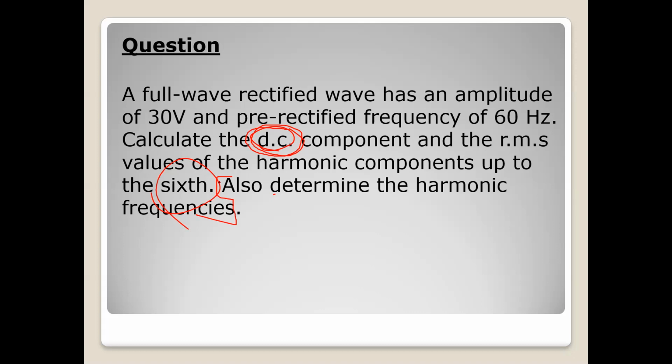Anybody want to have a stab at that? How would I determine that something is DC? Remember, I'm looking at an equation. How would I know that that component in the equation is representing DC? Sir, when there is neither sine nor cos. Thank you.